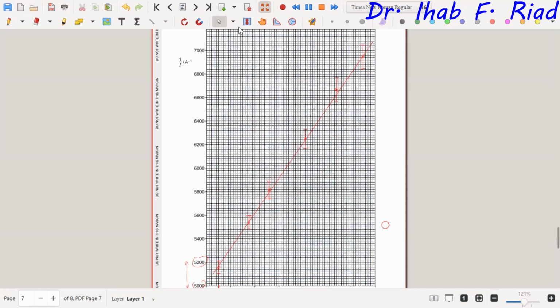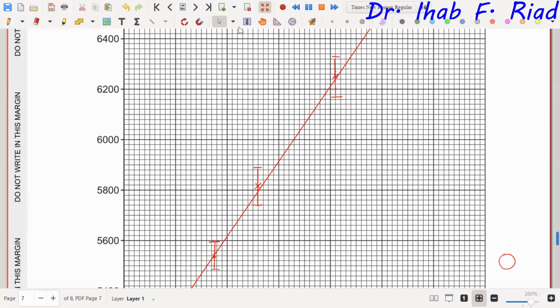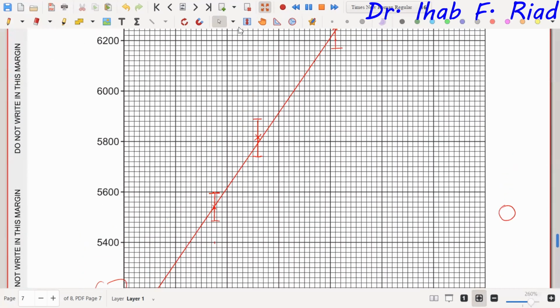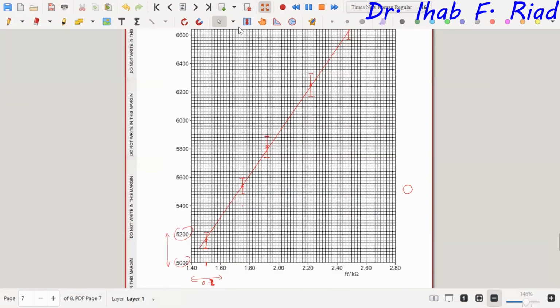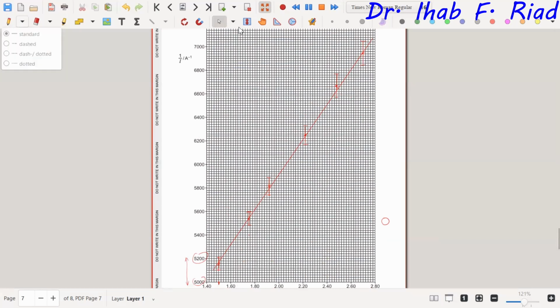I think this might be my line of best fit. As close to the centers as possible. For the other one, I would use a dash line to make it easier for me to recognize which one is the best fit.